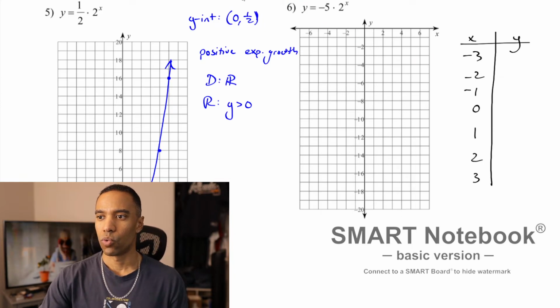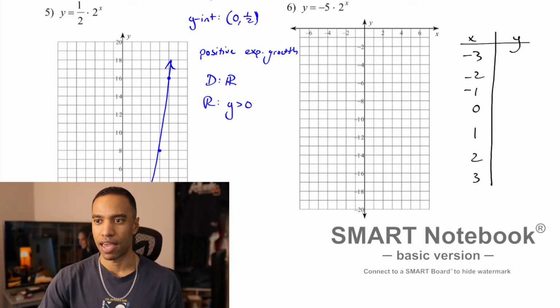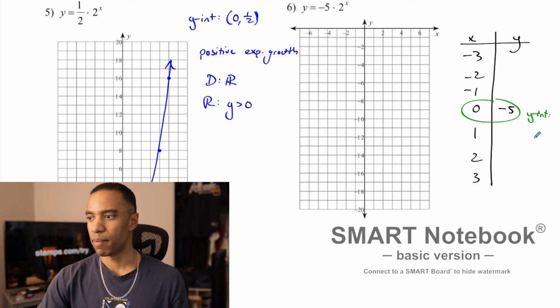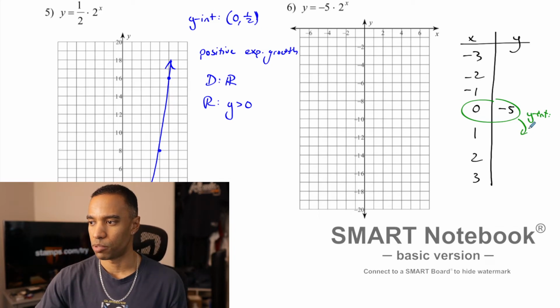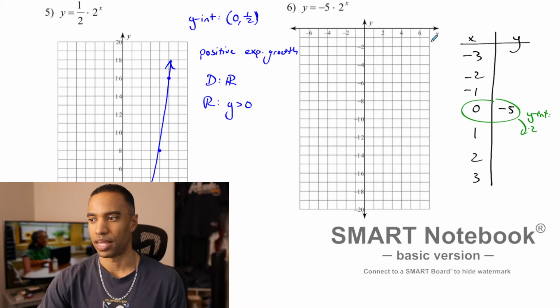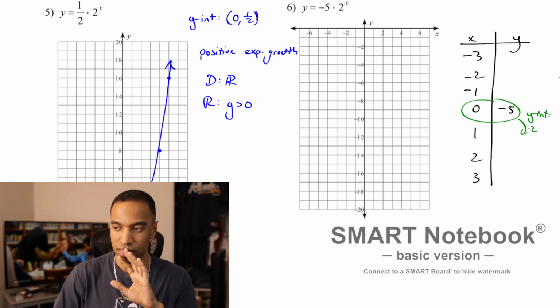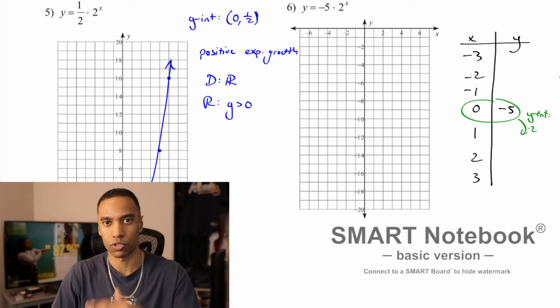Okay. So 0, -5 is one of your points here. So 0, -5, that is the y-intercept. So that's me identifying it. Every time I increase x by 1, I should be doubling my previous output there. Now, I have to be careful when I put this because this is not the case for vertical translation.